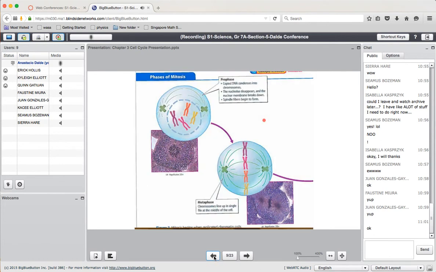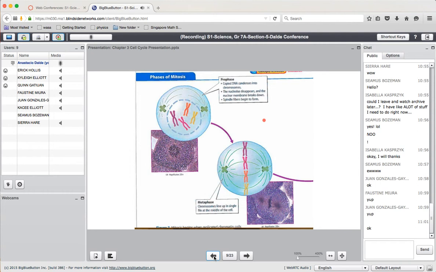In the prophase, what happens is, do you remember how our DNA, when I told you about the DNA, looked kind of like a spaghetti soup kind of deal with a bunch of noodles all over the place?